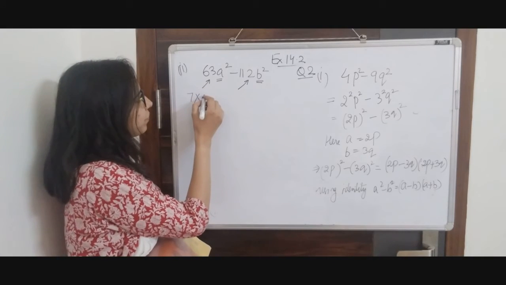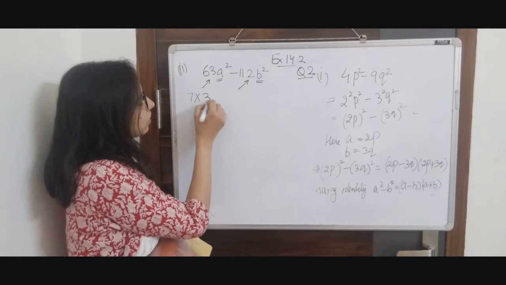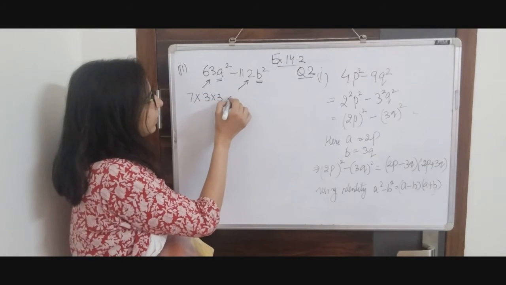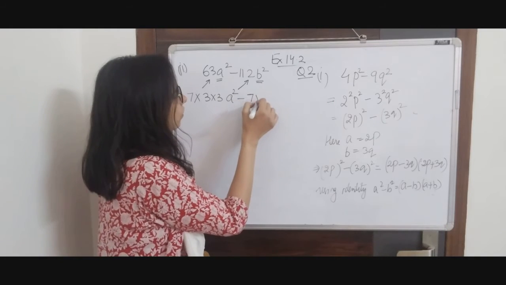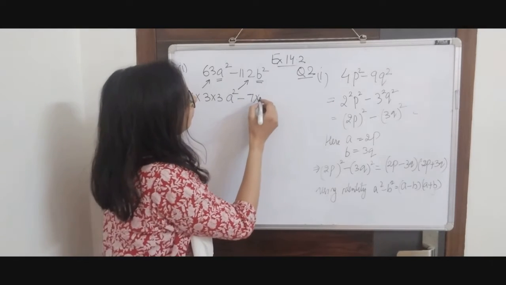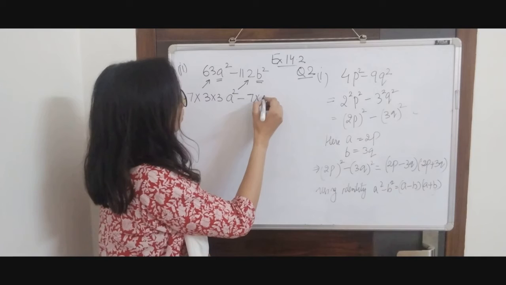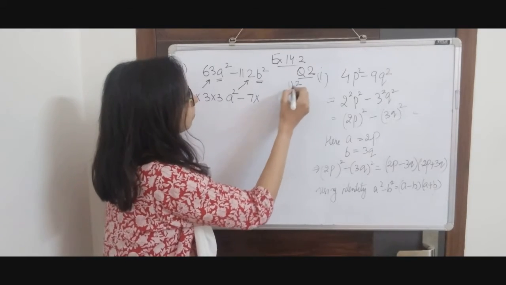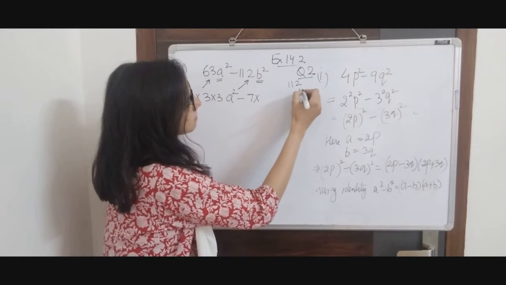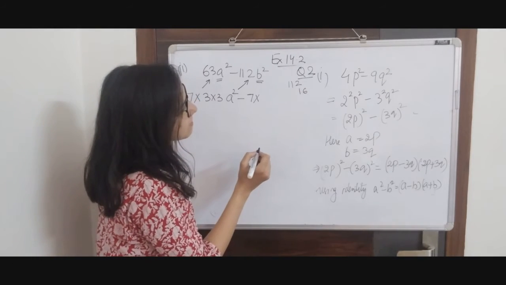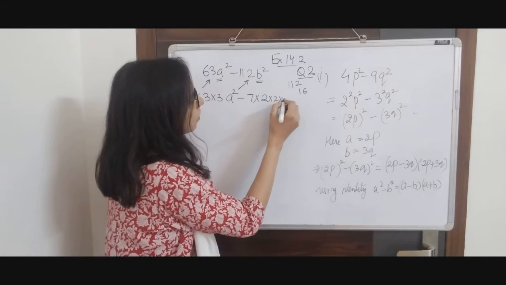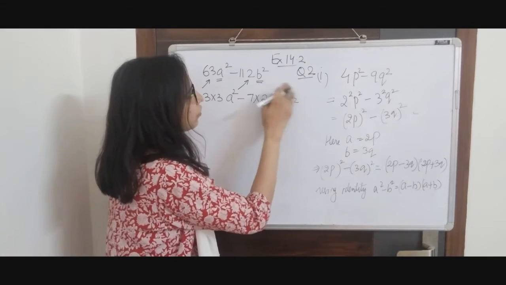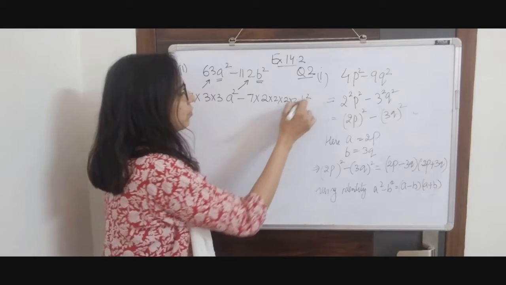7 into 3 into 3, that a², minus 112 is 7 into 2 into 2 into 2 into 2. Okay, 7 into 16 is going to be this one, b².